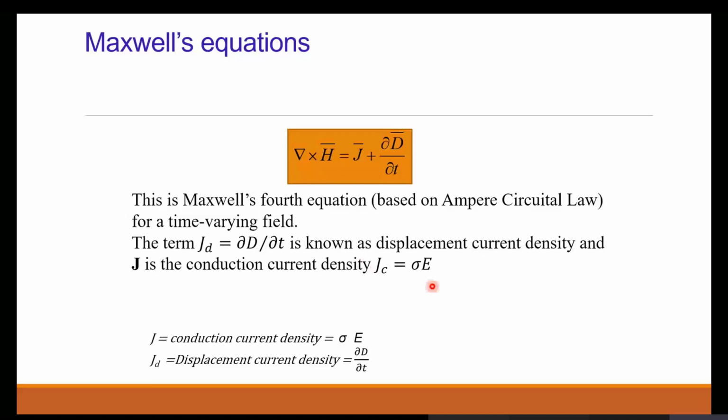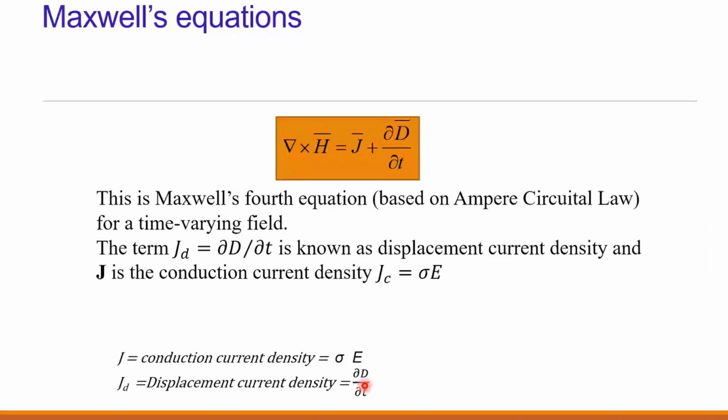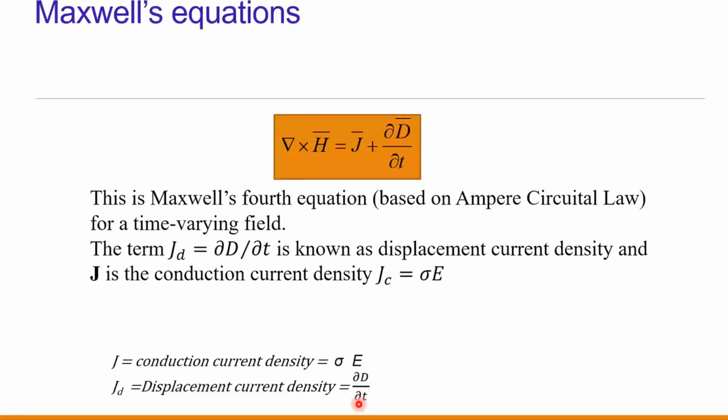So JC is equal to sigma into E, where sigma is called the conductivity of that material or of that space. JC is conduction current density given by sigma into E, and JD is displacement current density given by dou D by dou T, time derivative of D bar. These two terms are very important. There may be some example based on this also.